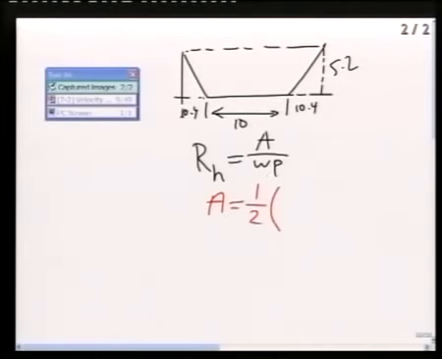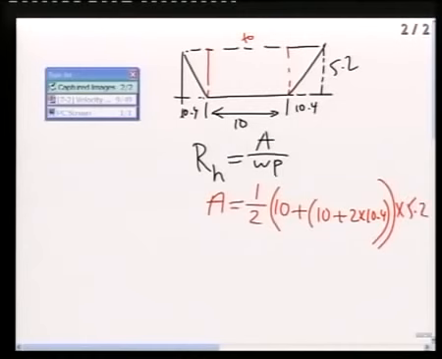The first one is 10 and the second one is another 10.4, multiplied by the height. Regardless what is the number, we don't really care for now. And this should be in square foot, by the way.